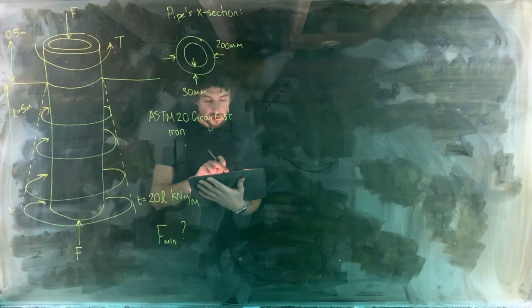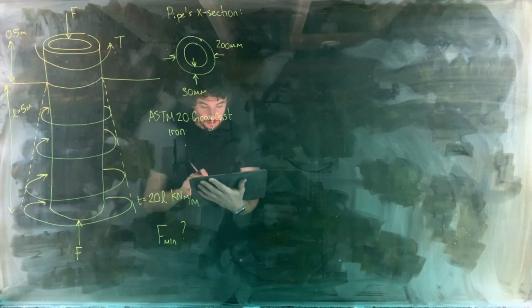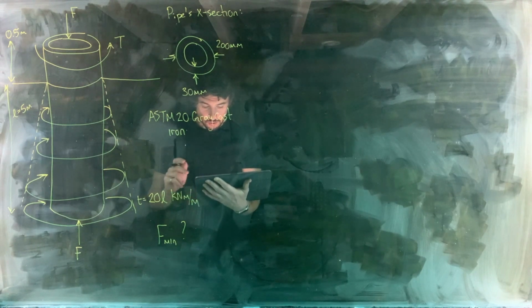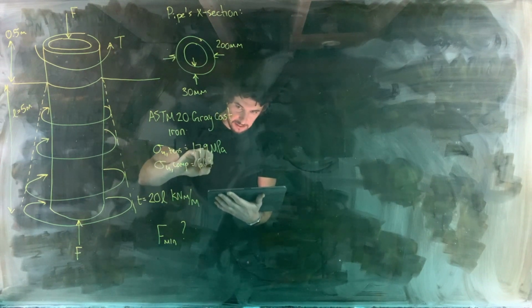Okay, so let's look at the material properties for gray cast iron for a second. And we're in metric, so I'm going to be looking at the metric side of the material property table. So gray cast iron has an ultimate tensile strength of 179 megapascals, and it has an ultimate compressive stress of 669 megapascals.